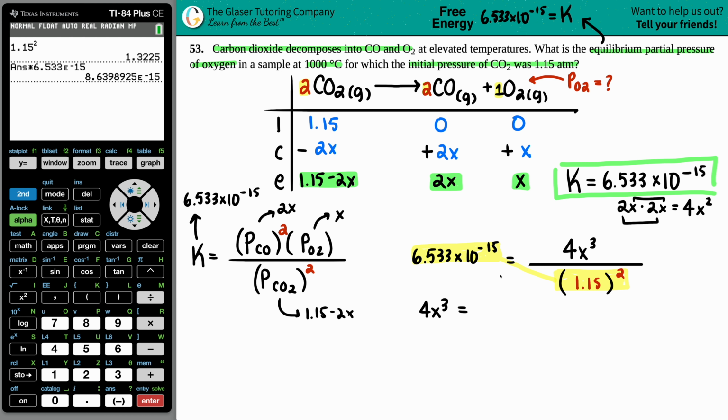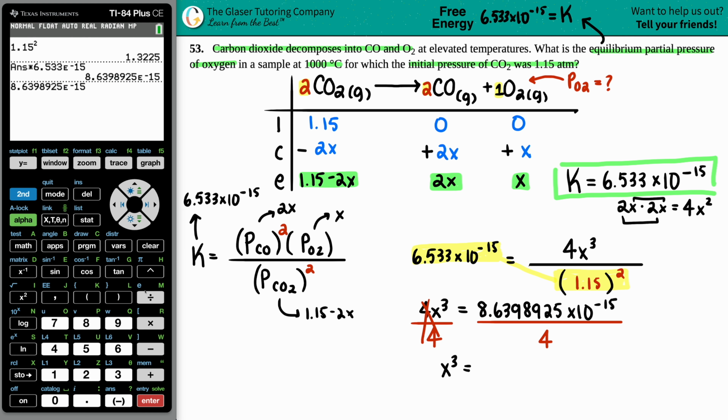And I get this value, 6.6398925 times 10 to the negative 15th. Notice that I'm not rounding because that's not the final answer. Now I'm just going to solve for x. I'm going to divide by 4 on both sides. So that goes bye-bye. I now have x cubed equals, I will take this value and I will divide it by 4.